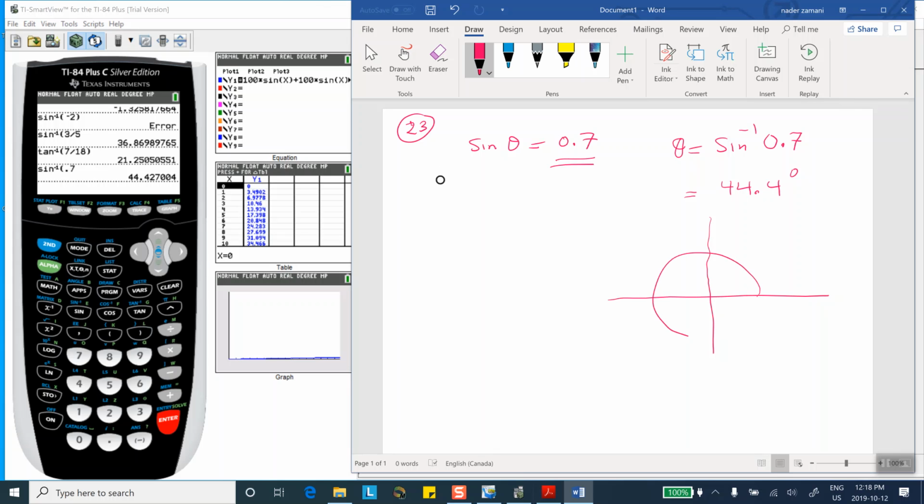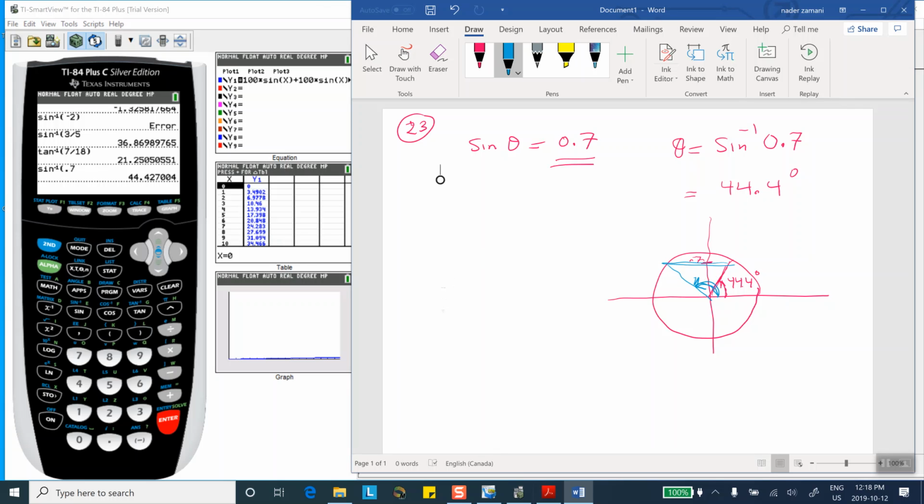Okay. So here's a trig circle. So at 44.4 degrees, this angle, we know that the sine is 0.7. In other words, this height is 0.7. Okay, that's true. However, there is also the angle on this side, that angle, also between 0 and 180, which has the same sine.